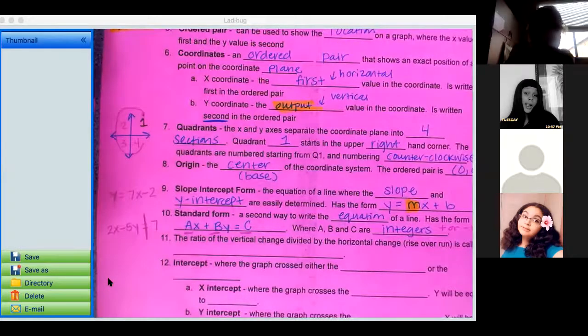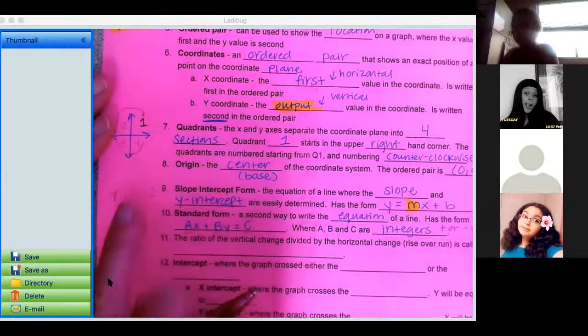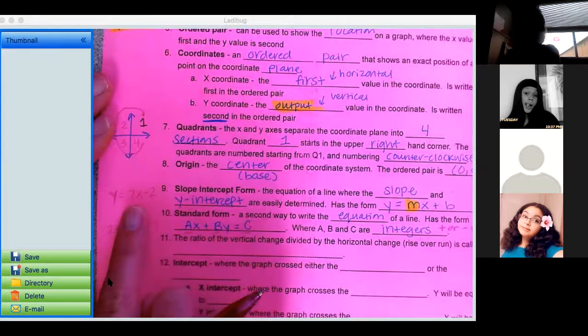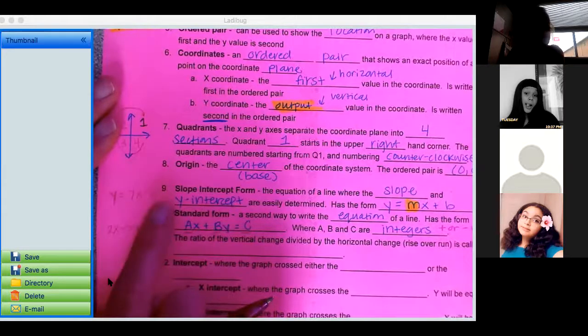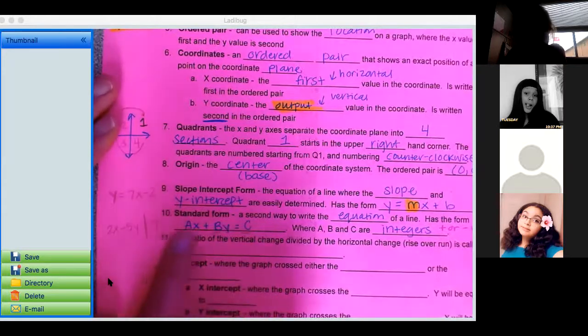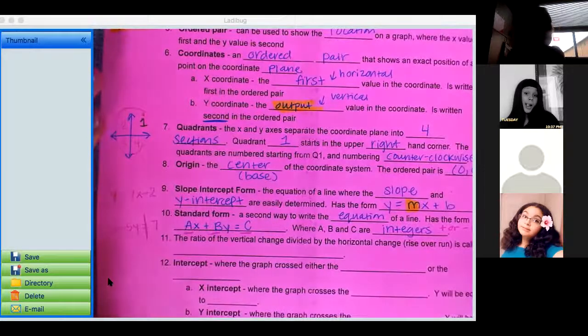There's 2 different forms. So in middle school, all you should have learned was this top one. Did y'all learn y equals mx plus b in middle school? Okay, good. In high school, we learn how to graph in mx plus b, and we learn how to graph in standard form. So I'm going to show you like 3 or 4 different ways you can graph, okay? Later on this week.